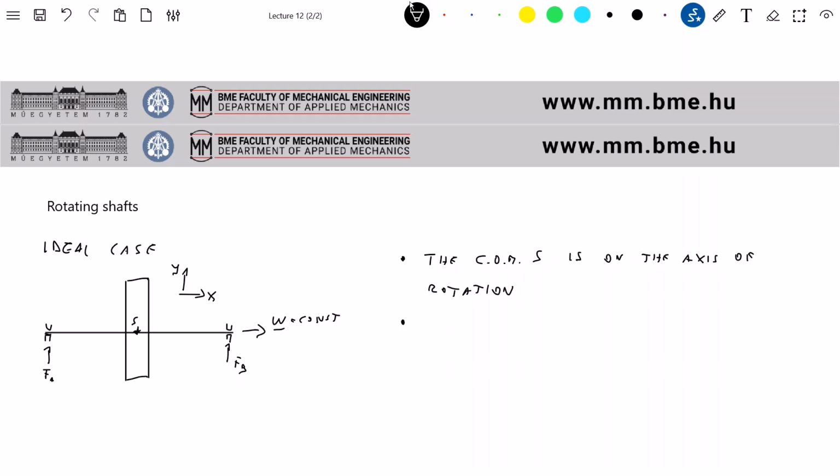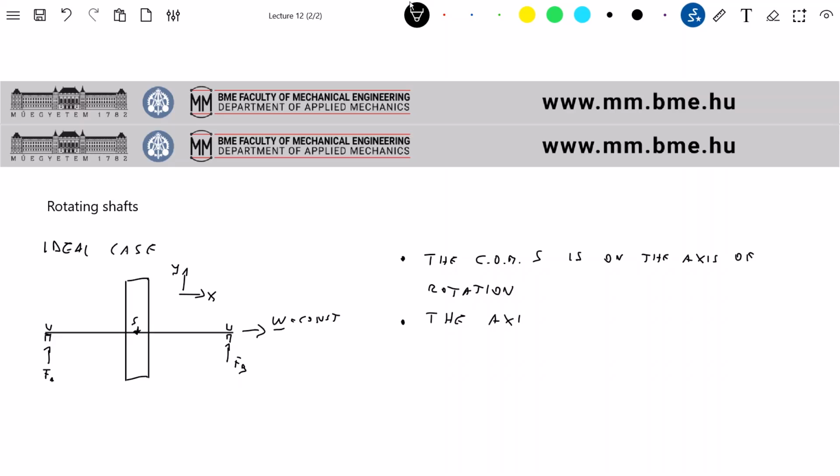Then we have another important point: the axis is rigid, but we consider rigid bodies, so everything we have considered so far was always rigid.